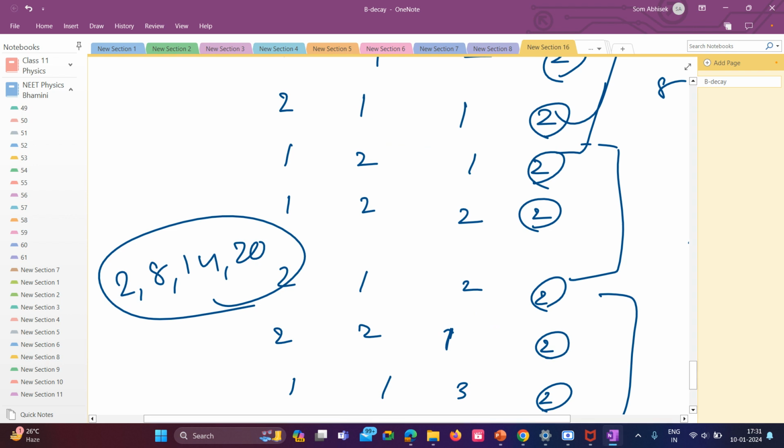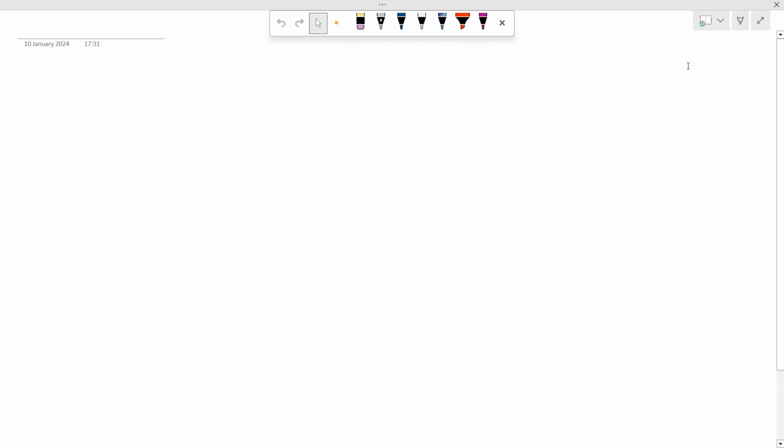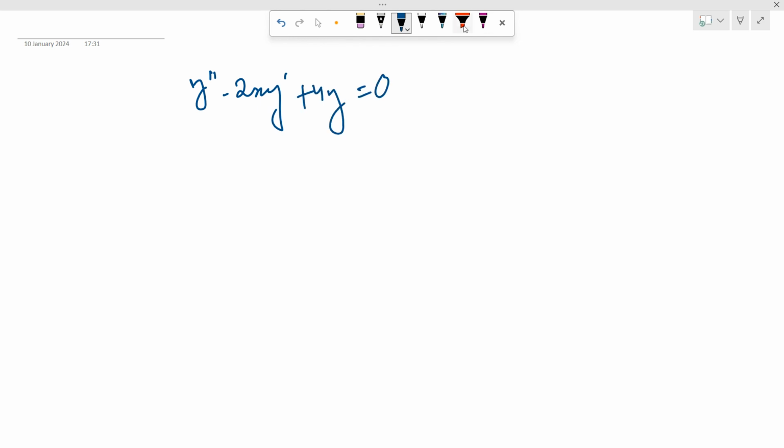y double dash minus 2xy dash plus 4y is equal to 0.